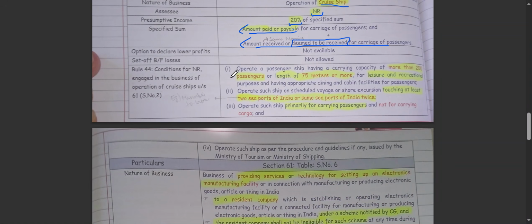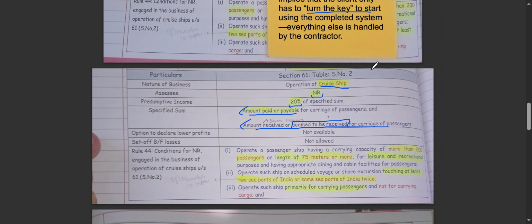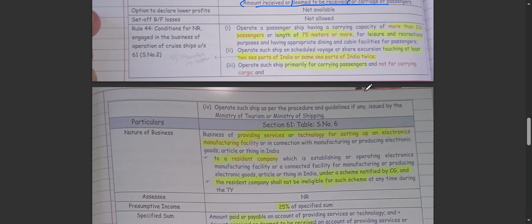Now, there are certain conditions for a cruise ship. How do we say it is a cruise ship which is eligible to operate under serial number 2 of section 61? It should have a capacity of more than 200 passengers and a length of 75 meters or more, and it should be used for leisure and recreational purposes, having appropriate dining and cabin facilities.